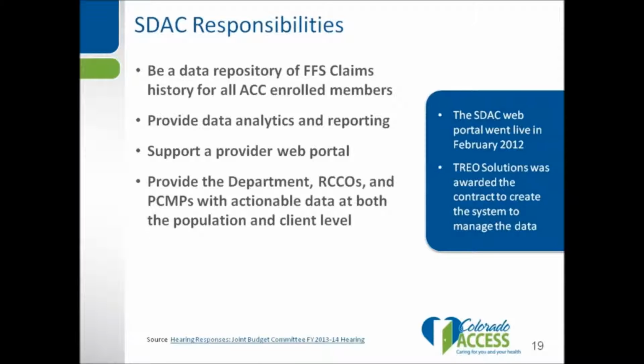Their primary responsibilities are to be a data repository of fee-for-service claims history for all ACC enrolled members, provide data analytics and reporting, support a provider web portal, and provide the departments, the RICOs, and PCMPs with actionable data at both the population level and the client level.